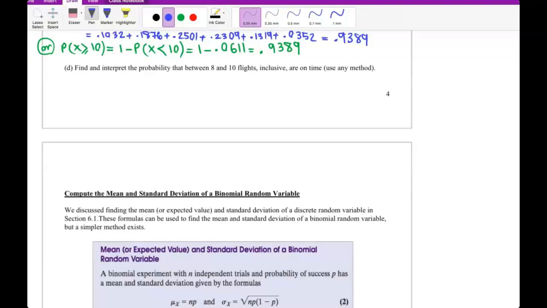Part D, find and interpret the probability that it is between 8 and 10 flights. So it is between 8 and 10.